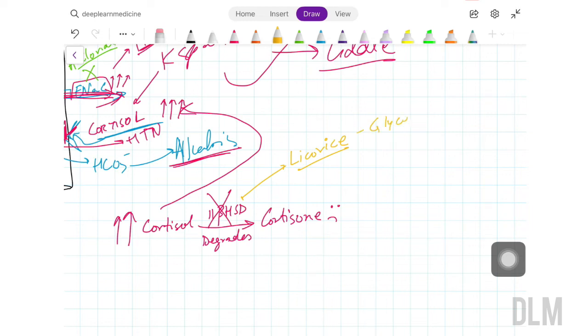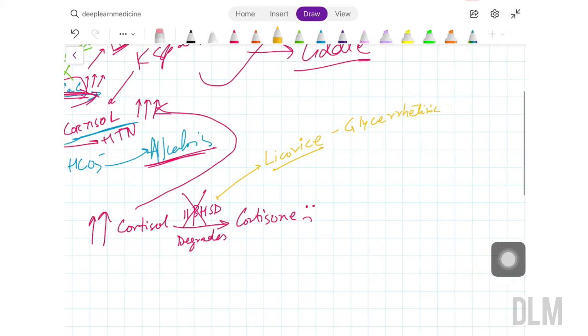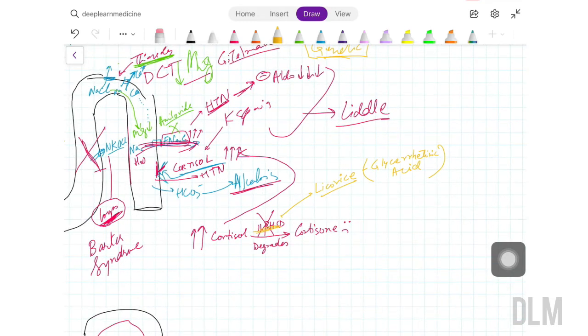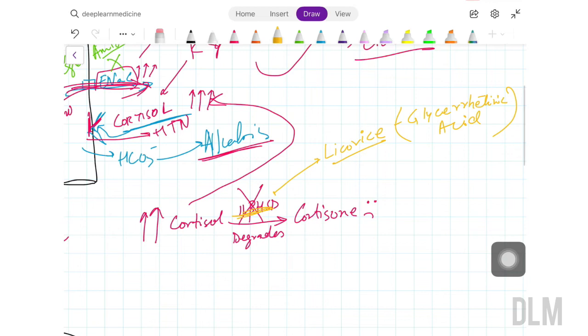I'm sure I'm butchering the name, but this glycyrrhetinic acid is what causes the 11 beta HSD to become deficient, which ultimately prevents the breakdown of cortisol. Another high yield cause of this disorder is the hereditary deficiency of 11 beta HSD.